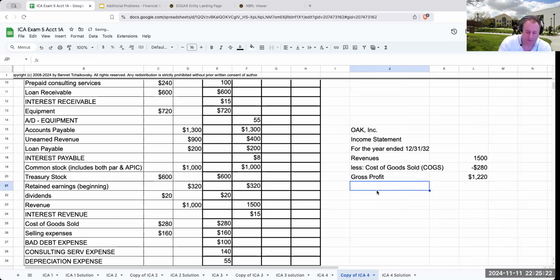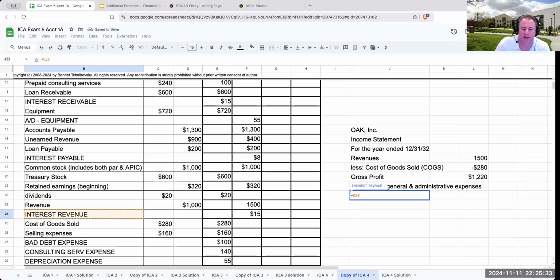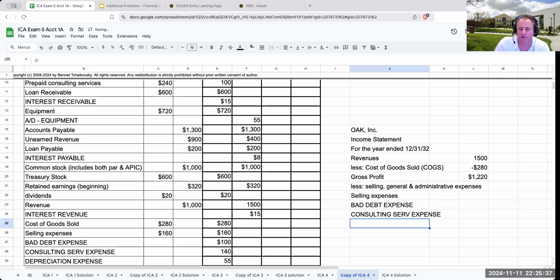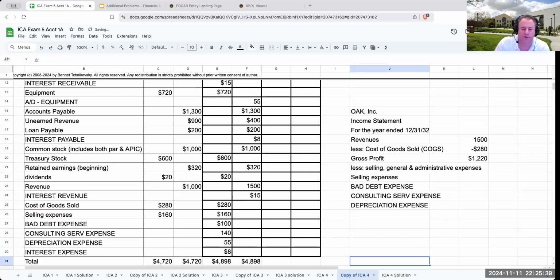Okay. So less selling, general, and administrative expenses. Here I'm pretty much going to list out everything: selling expenses, bad debt expense, consulting service expense, depreciation expense, but I'm not going to list out interest expense because that is what we call other income slash expense.